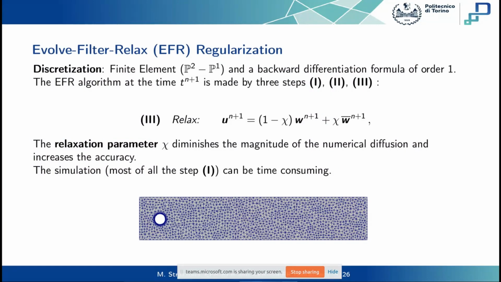So you have to choose chi with a sort of trade-off, in order to maintain some accuracy with respect to the standard Navier-Stokes equation and to smooth out your solution that is not precise.